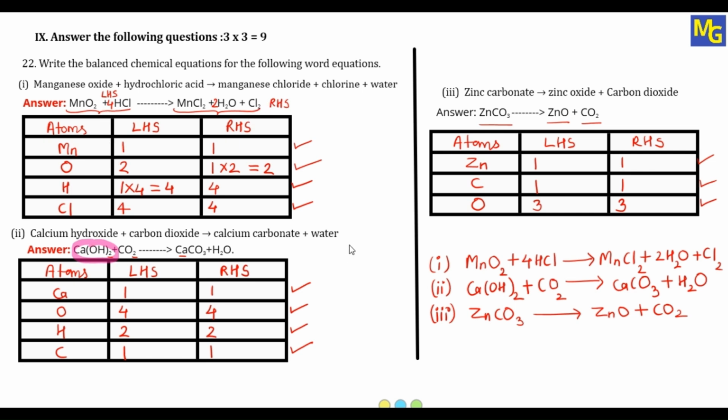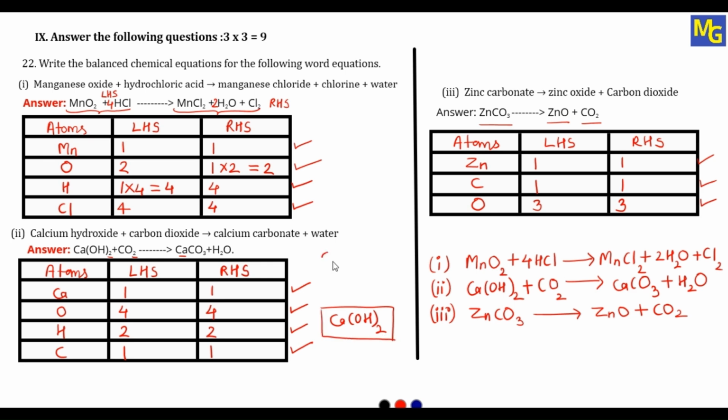Already we have studied in our earlier classes, 9th standard, how to write these formulas. You should know the oxidation number of each ion. If you know the oxidation number, then easily you can write the formula. For example, I will show you one, how to write the formula. We will take Ca(OH)2. So see how we got this formula, that is calcium hydroxide.